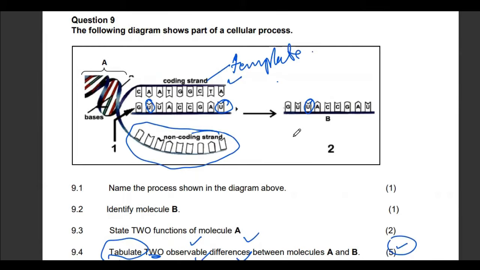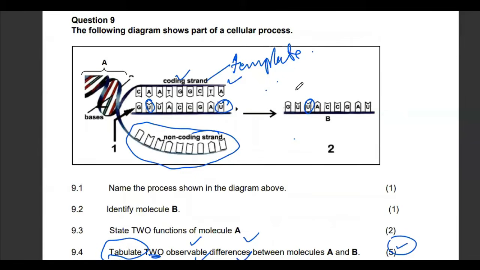To form 2 separate strands, the word separate must be there, but only 1 is acting as a template. You see it here, that only 1 is acting as a template.